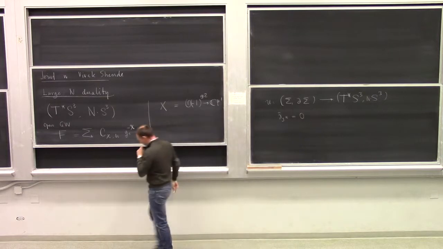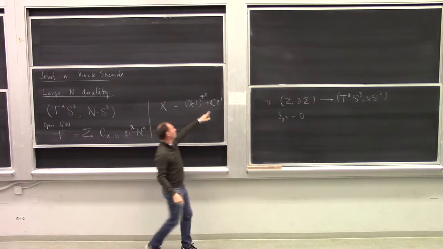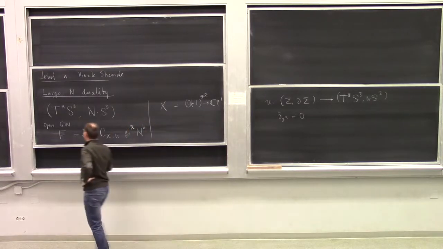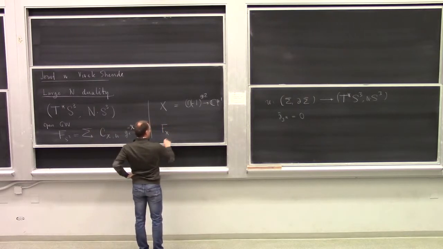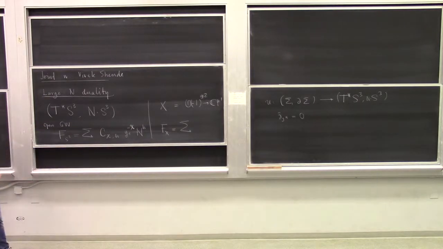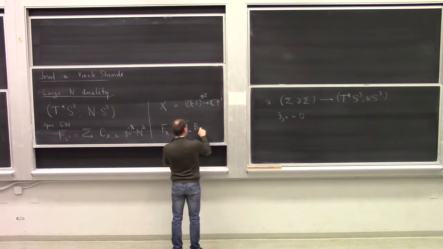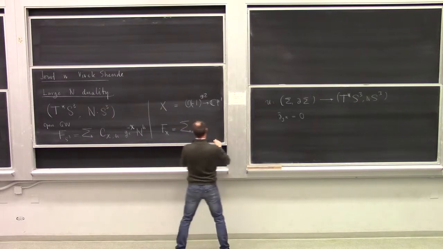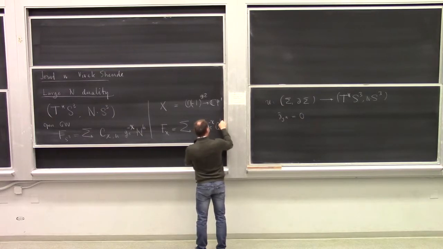So this is also a complex three-fold manifold, and in here we count, maybe I'll call this F_X, closed curves, so no boundaries, with Euler characteristic chi and another variable k. So here we have something like this, and then q to the k.